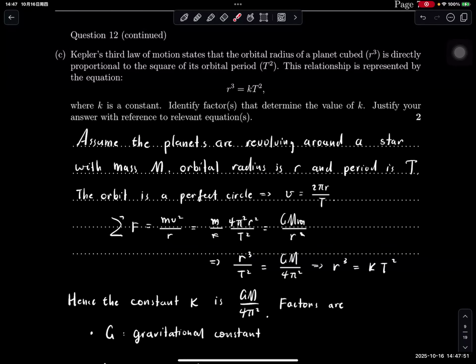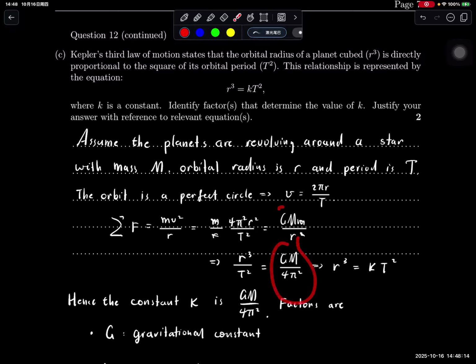Question 12c. Kepler's third law states that the radius cubed over the period squared is a constant. Determine the value of k. This is pretty much just the derivation of Kepler's law that we did in class, and then we showed that k is like this.